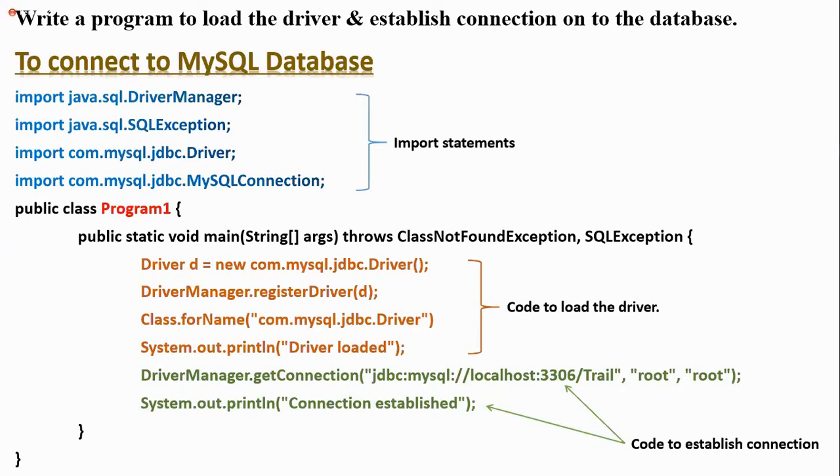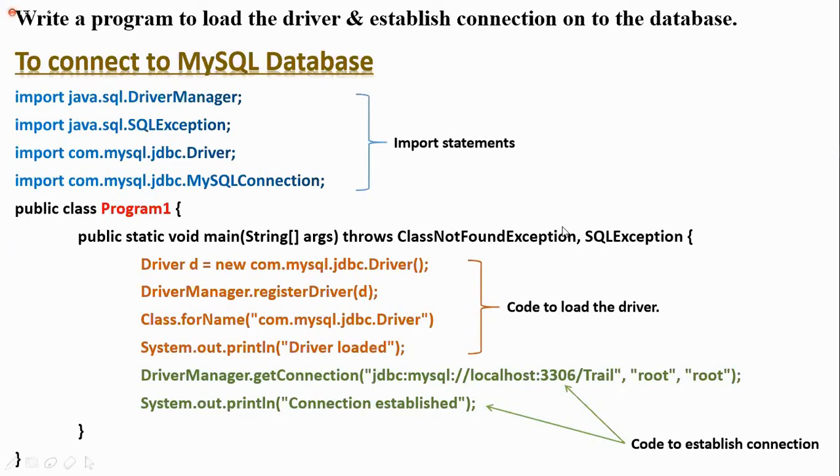Automatically it will go there, fetch the driver and load it onto your registered driver, onto your driver manager. I hope I'm completely clear with the things. In the second, Class.forName, what you'll be giving is the path where your driver is present. I hope I'm completely clear for you now.